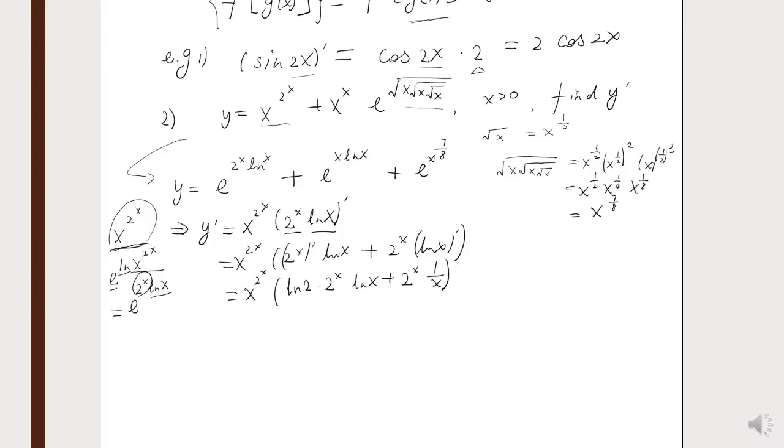Alrighty, so by now we have found the first item's derivative, okay? So now our job is to find the second item's derivative. So the second item is about this.